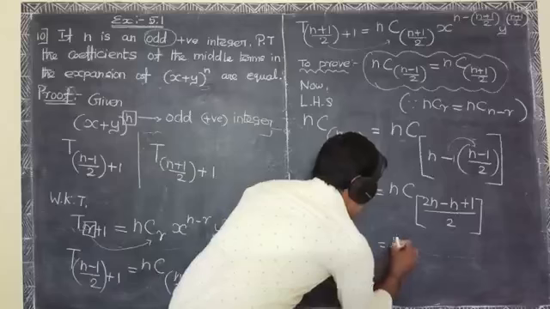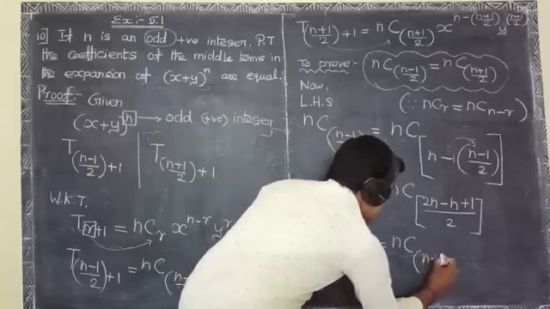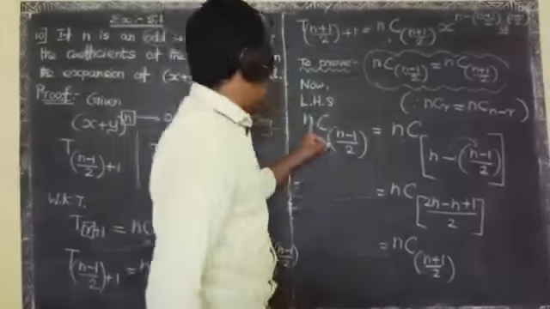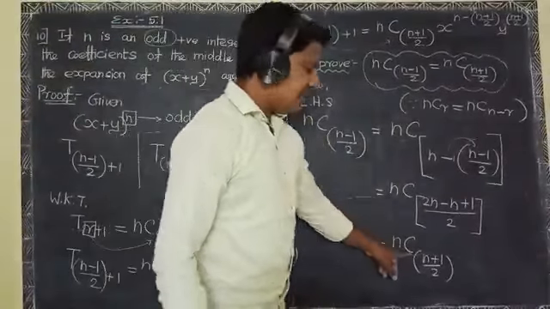That is nC(n+1)/2. Now we take the LHS and we get the RHS.